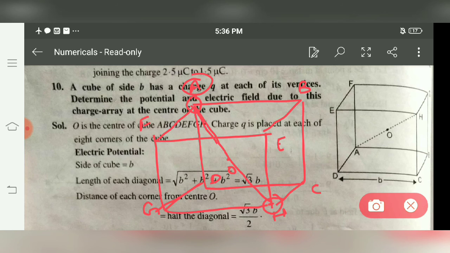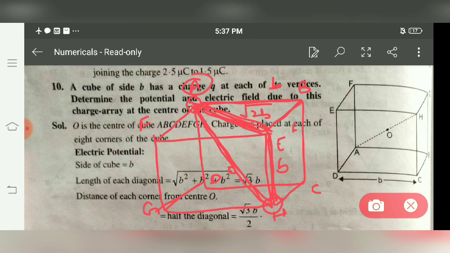Triangle AHE, means we have to take this triangle. If the side is B, this EH is B. If I take this triangle EBA, this is hypotenuse, this is B, this is B, the hypotenuse is under root 2B.